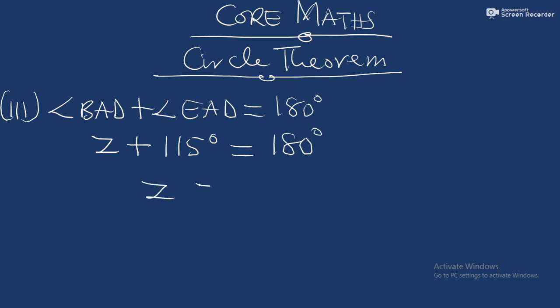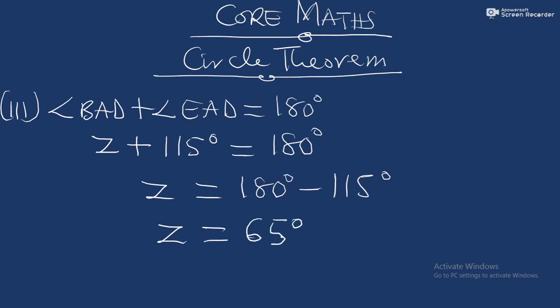So our Z is equal to 180 degrees minus 115 degrees, which is 65 degrees. Okay, so students, these are the solutions to the assignment. So cross-check with yours, and where you didn't get it, make sure you go over it and you get it.